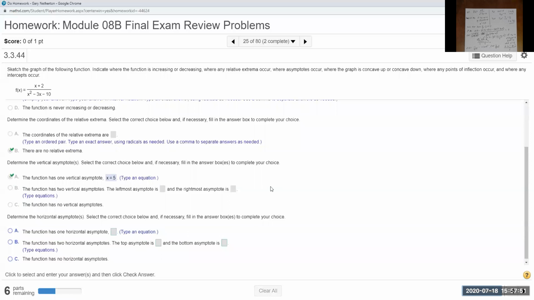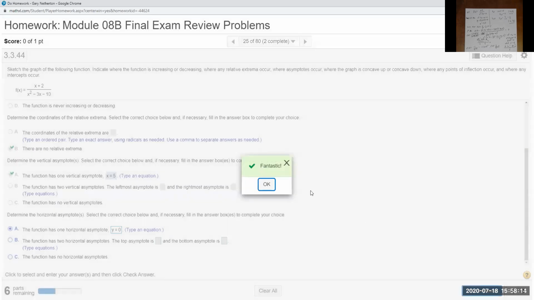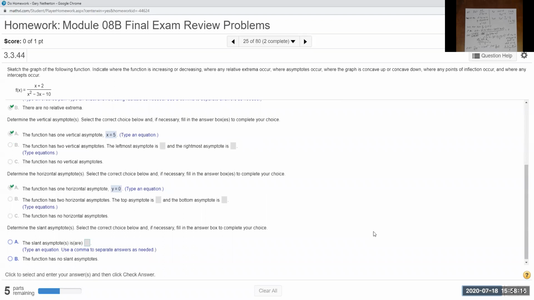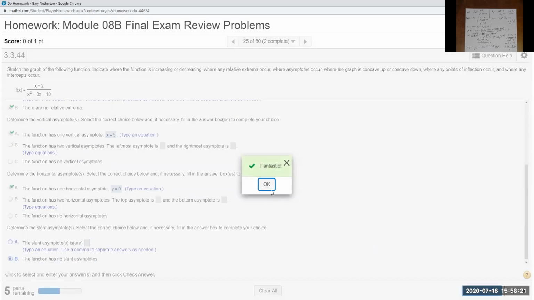So if you go back to algebra, the concept of a hole is where you have the same parenthesis in the top and the bottom. I forgot to check for that. I think that's what's going on here. We'll just try and answer these questions and see what happens. Horizontal asymptote, I believe, is correct at y equals 0. Now there are no oblique asymptotes.